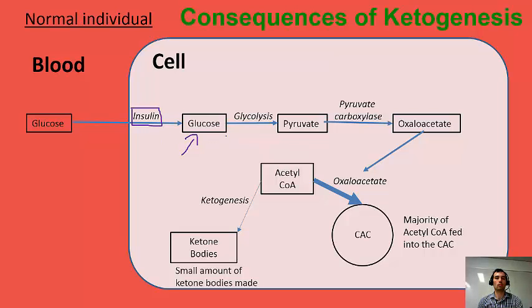Once the glucose is inside the cell, using glycolysis, that 10-step process, we can convert the glucose into pyruvate. The pyruvate can then be converted to oxaloacetate using an enzyme called pyruvate carboxylase. So we can't actually make oxaloacetate unless we've already done glycolysis.